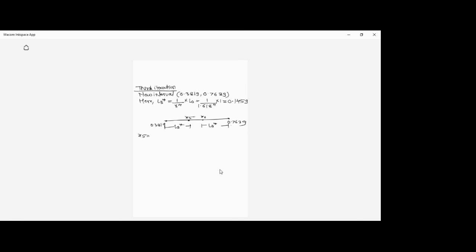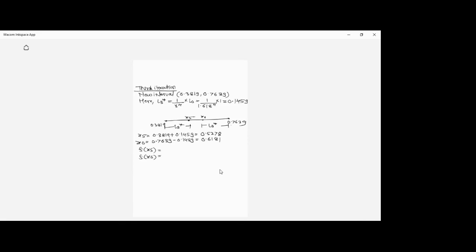So x5 will be equal to what? 0.3819 plus 0.1459. The value comes out to be 0.5278. For x6, the value comes out to be 0.7639 minus 0.1459. It comes out to be 0.6181. You can calculate the functional values f of x5 and f of x6.